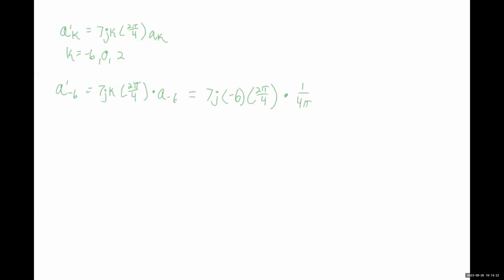Now, the pi's are going to cancel. We're going to get 7j times -6 times, let's see, 2 over 4 times 1 over 4 is going to give us 2 over 16. Should give us 1 over 8. I did my math right, hopefully.